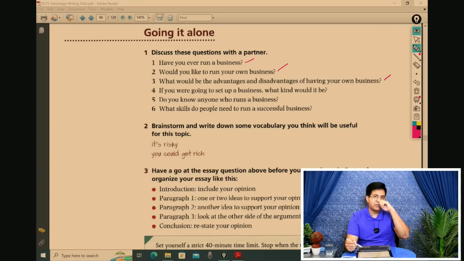Discuss these questions in your mind. If you were going to set up a business, what kind of business would it be? Do you know anyone who runs a business? What skills do people need to run a successful business? All these things will help you gather enough ideas to write a good essay.